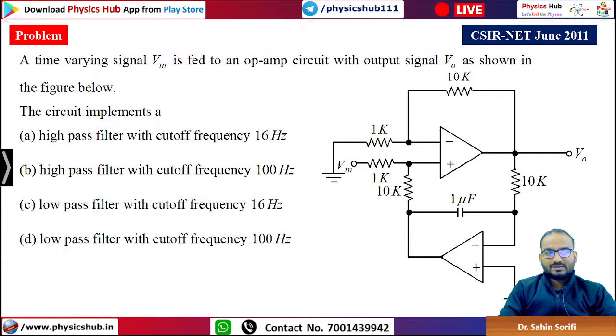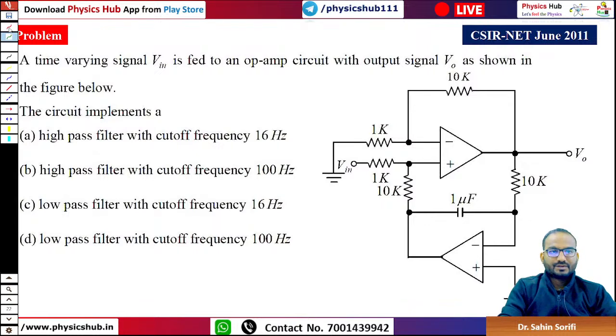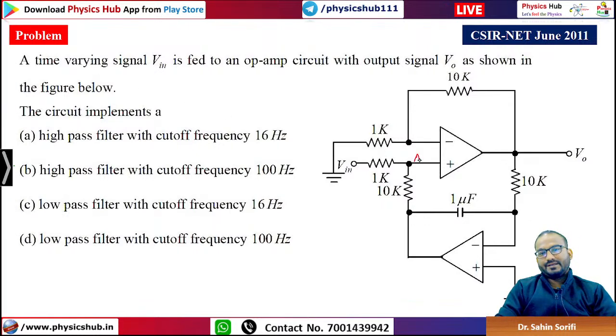Let's call this point A, this is B. Because of this feedback circuit, voltage at A and B will be same. Another point we have here, let's say C. Let's say this point is T, and here let's imagine the voltage is E.